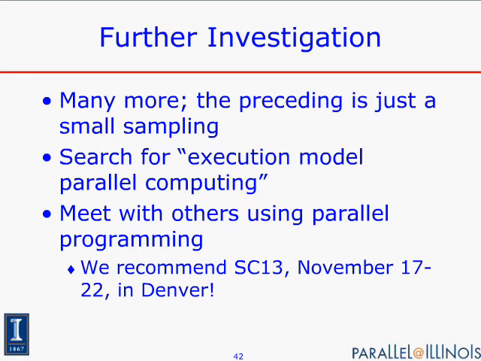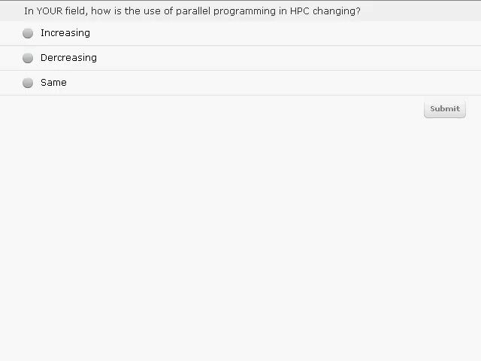So before we do the questions, let me just put up one last question. I'm just sort of curious how you see the use of parallel programming in HPC changing. Do you think it's going to stay the same or increase or decrease? Let's do this quick, and then we will get to the questions.